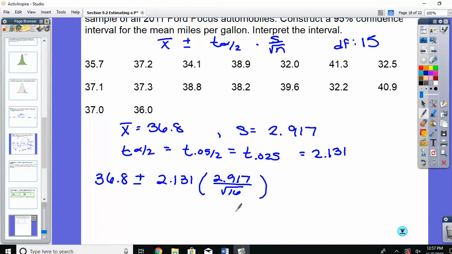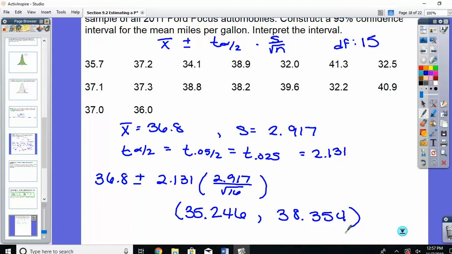And I get interval from 35.246 to 38.35. You will get slightly different numbers depending on what you round your standard deviation to.